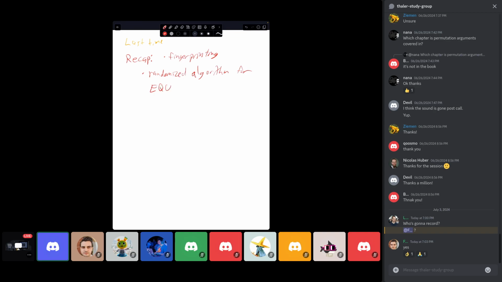I framed it for 2 problems: the equality problem and permutation testing. And we're going to make use of fingerprinting again today. So I am going to briefly review these two algorithms here.